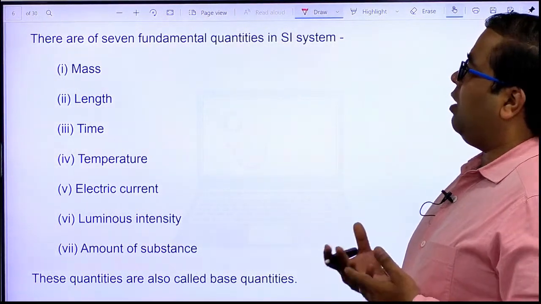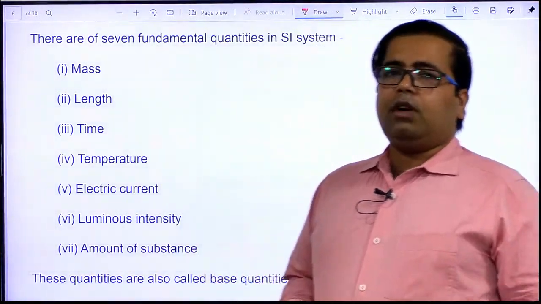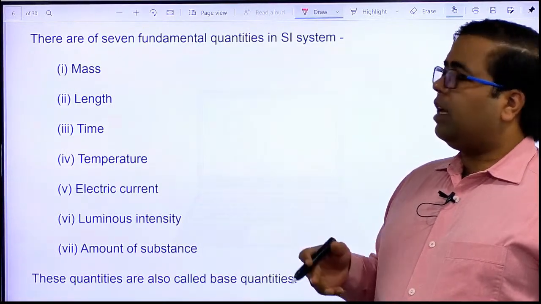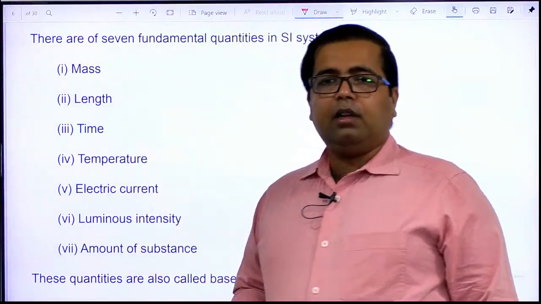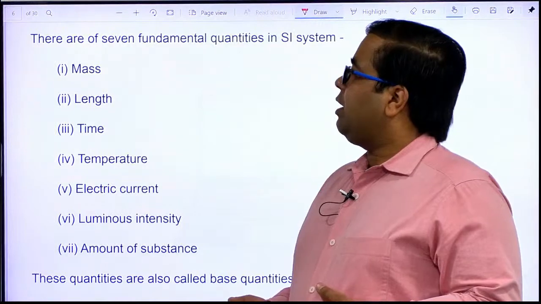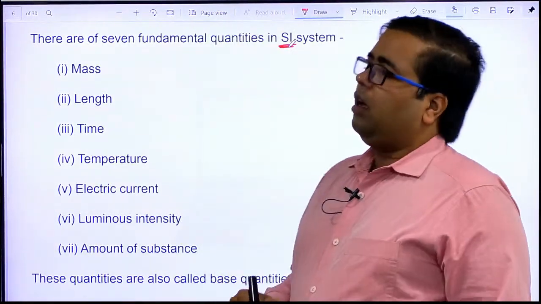I choose mass, length and velocity. Somebody chooses mass, time and length. Some choose length, time, temperature. So we cannot come to a common ground. That is why we have SI, the International System of Units.